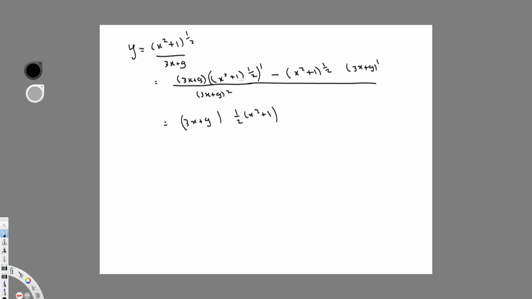Because if it's a to the power of n, then the derivative is n times a to the power of n minus 1. So 1 minus half is going to be minus half. Then I find the inside derivative. The inside derivative is going to be 2x, and 1, if you see a number, it's automatically 0, so it's going to be just 2x.